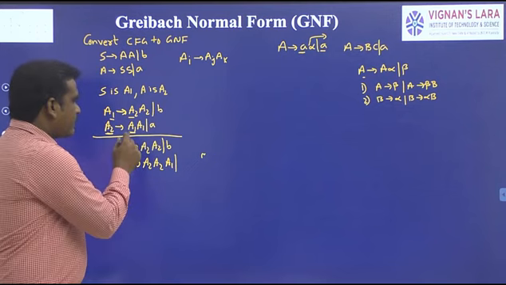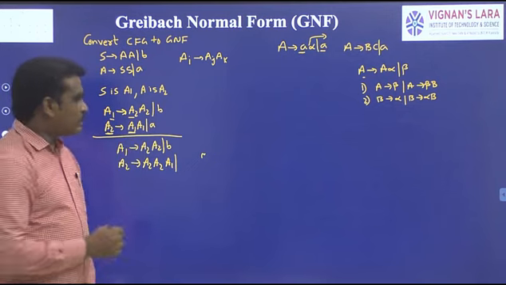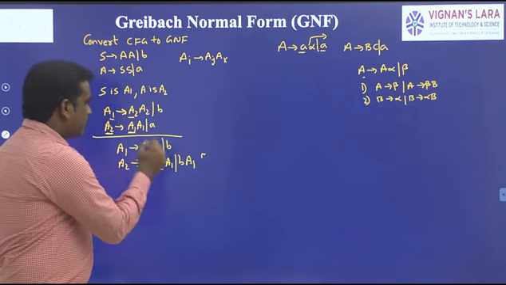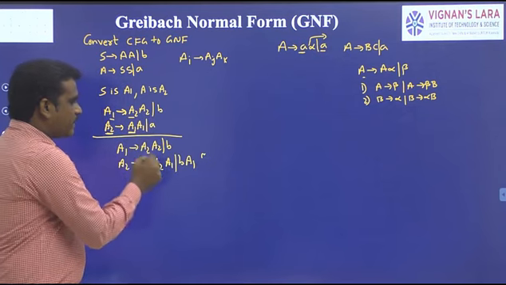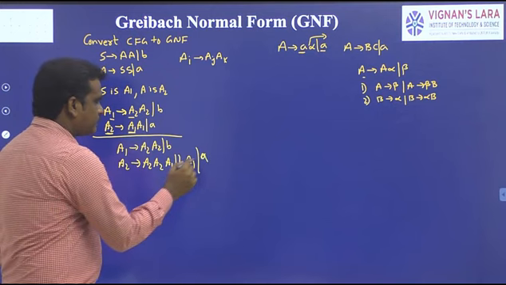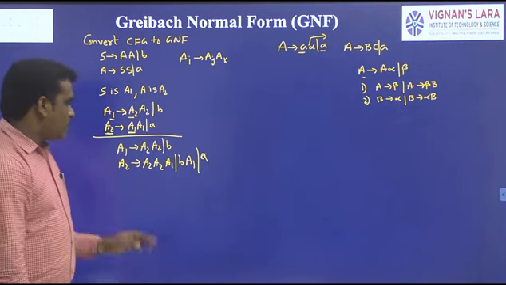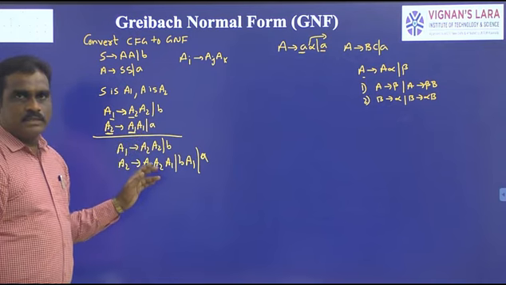Same way, A1 has one more production, that is B, so A1 is replaced with B, followed by A1. And then A2 has one more production, that is A. Now, this is the result.